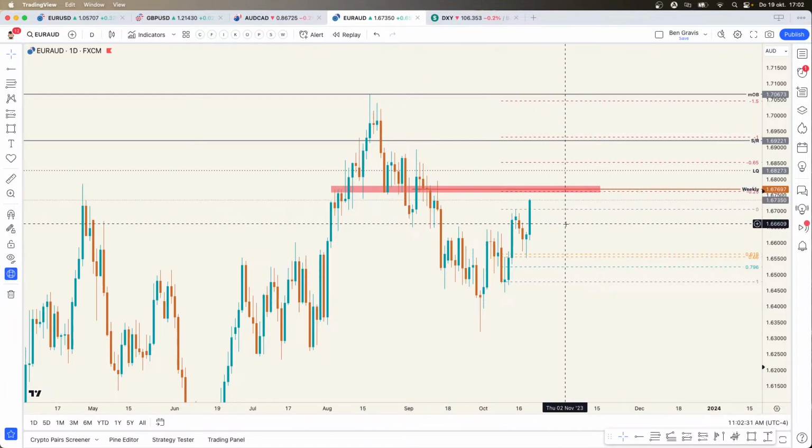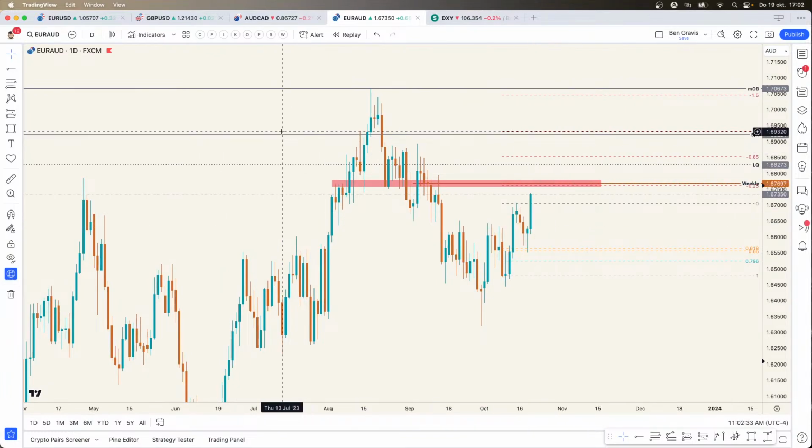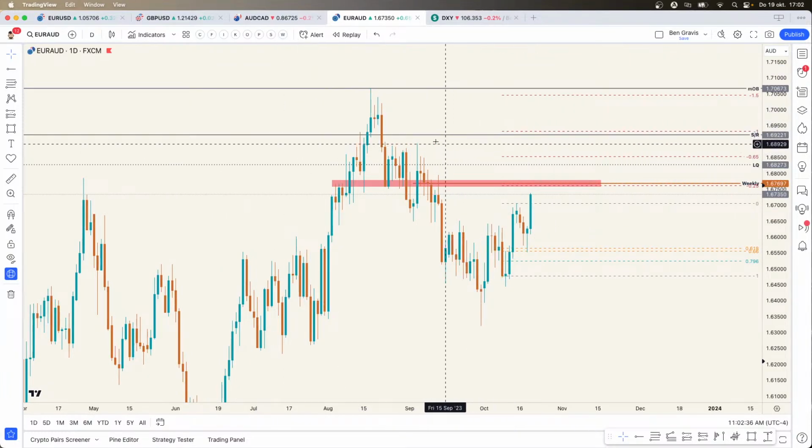And then here again we look for a potential slowdown of the chart.